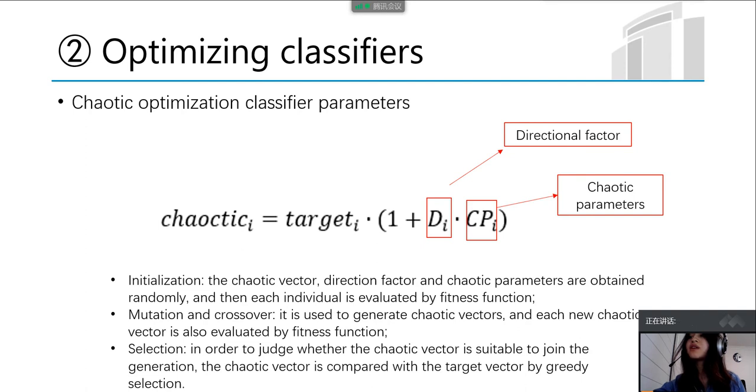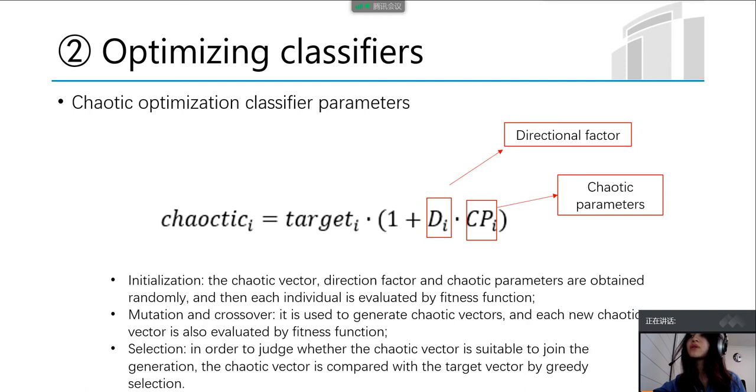Chaotic vector is a key step in the chaotic evolution algorithm. At first, the chaotic vector direction factor and the chaotic parameters are obtained randomly, and then each individual is evaluated by the fitness function. Then mutation and crossover are used to generate chaotic vectors, and each new chaotic vector is also evaluated by the fitness function.